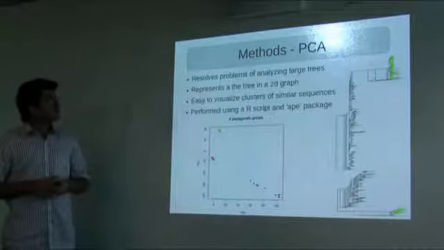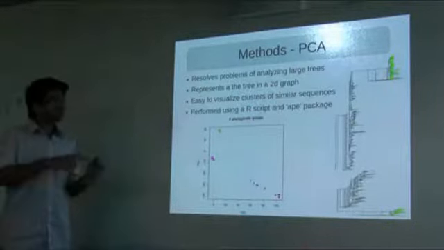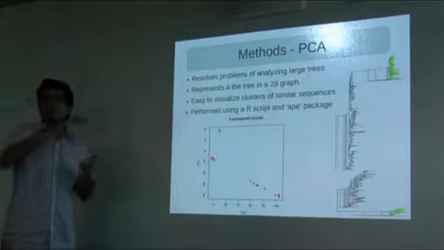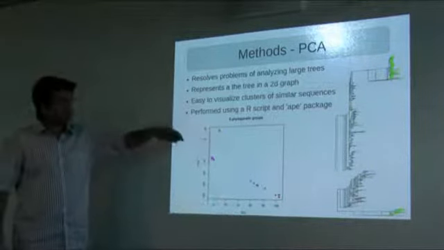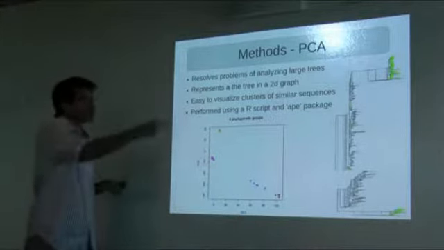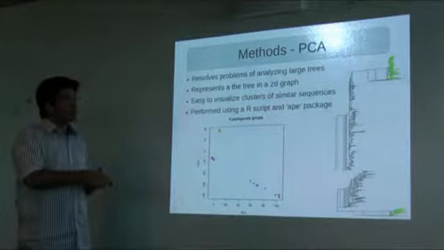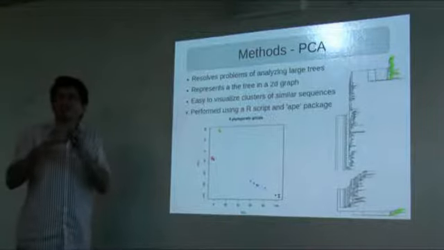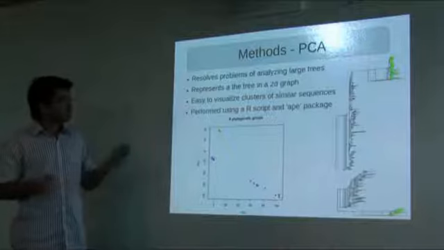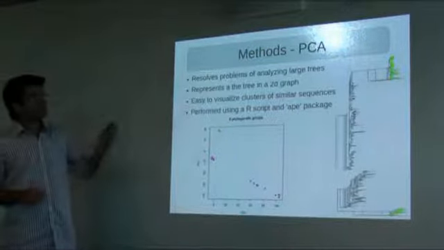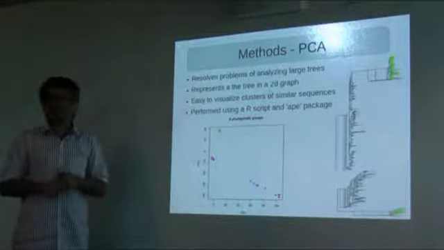So coming on to this method, as I had shown you earlier, the big tree was quite difficult to read for clusters. So this is the same tree, and as you can see, you can't really make out any clusters within the tree. Each tree will be different, and your definition of a cluster might not be the same. So for that, we use this statistical method called PCA, Principal Component Analysis.